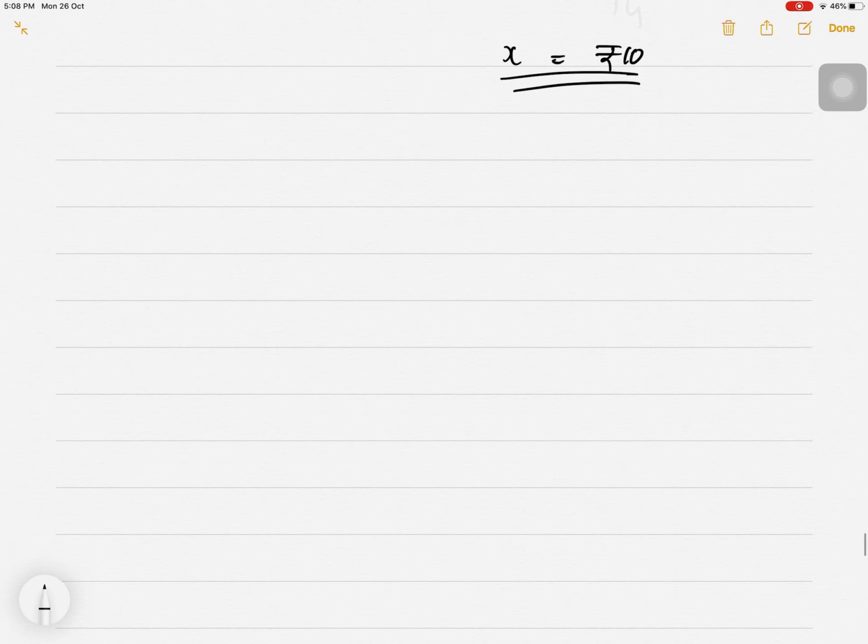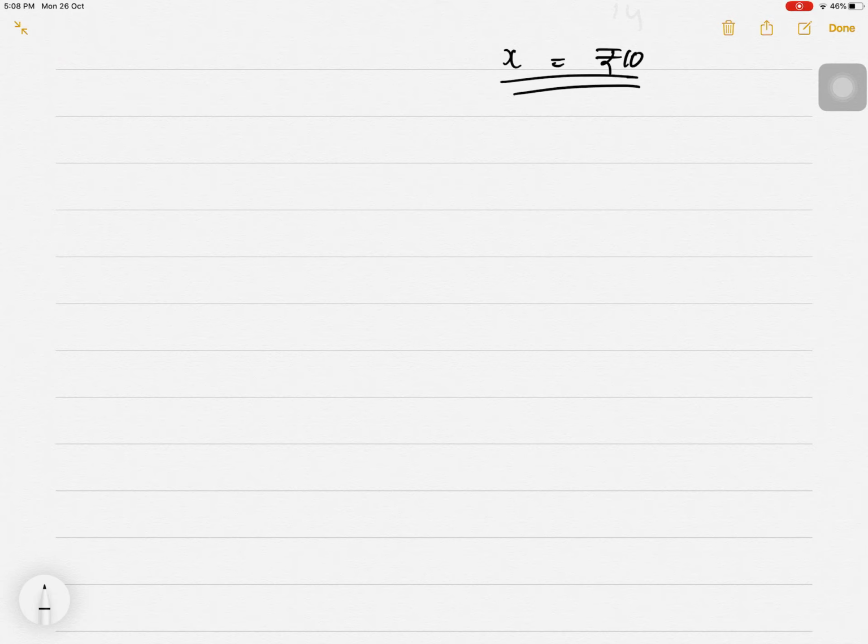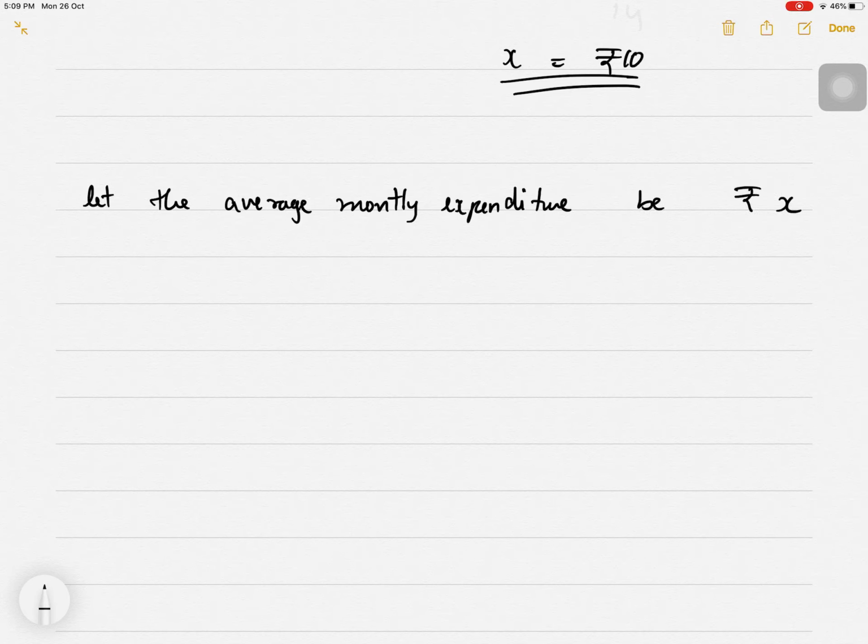So how will you write it in the exam? Let the average monthly expenditure be rupees x.